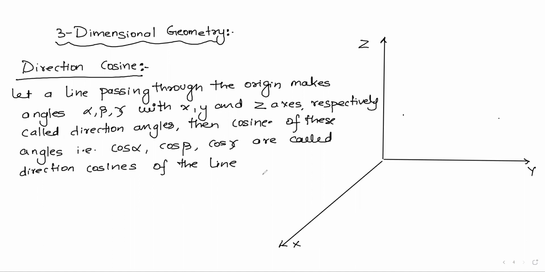So if there is a line which is passing through the origin and making angles alpha, beta, gamma, these are its direction cosines.